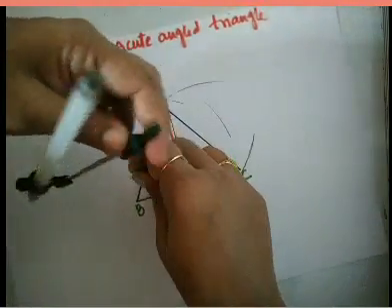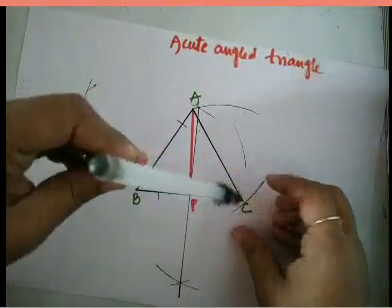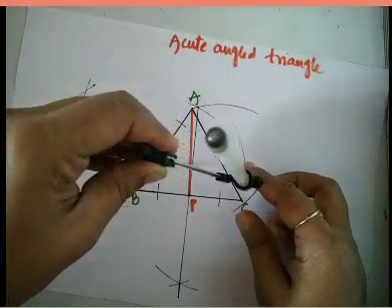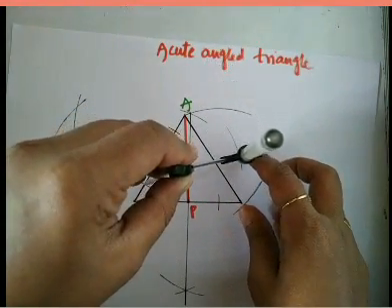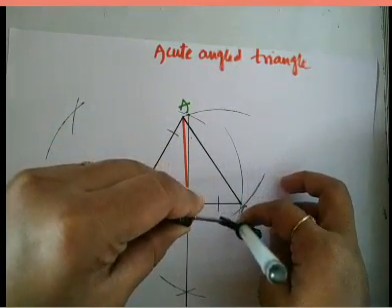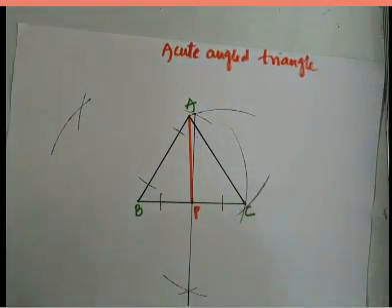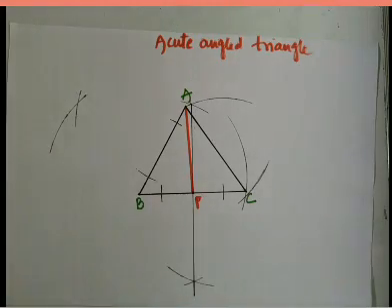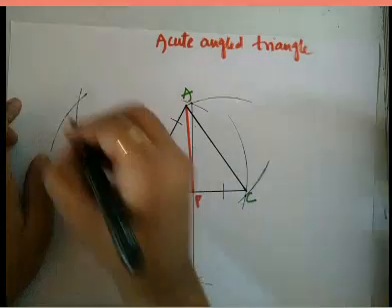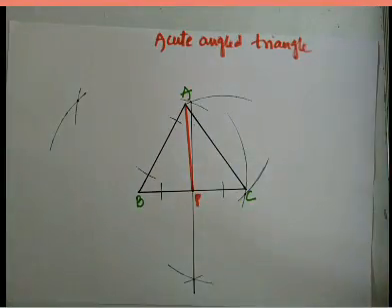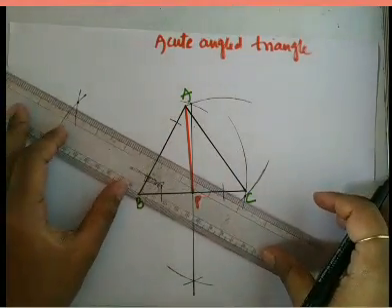Now they are intersecting, and this one also I'm going to extend. So here I have extended. Yes, now they are intersecting. So these two points of intersection, this and this, I'm going to join them.